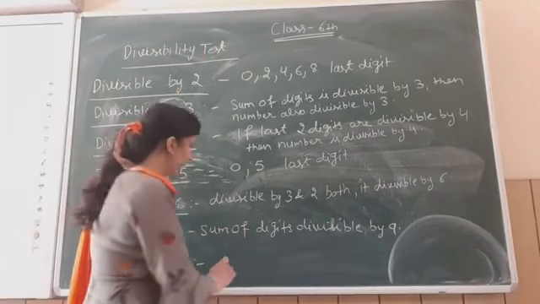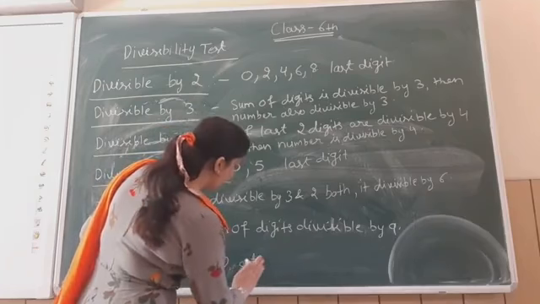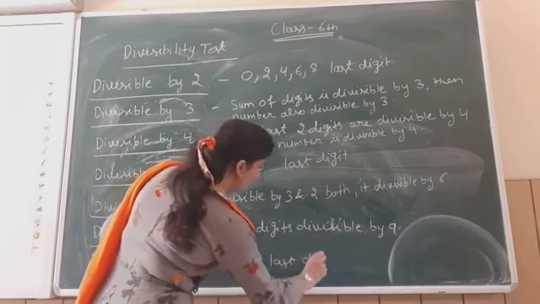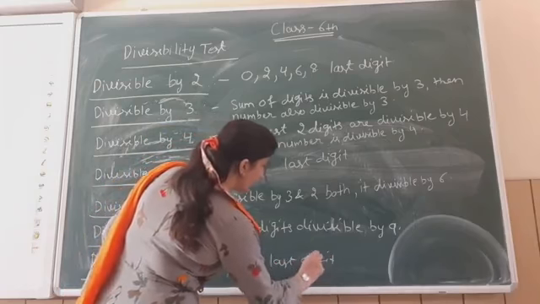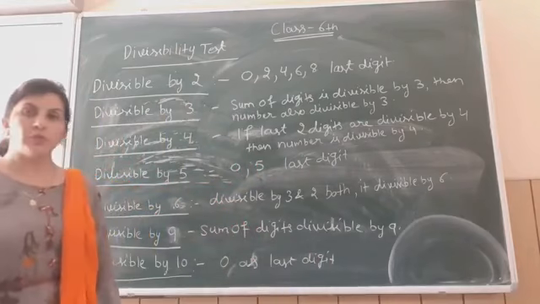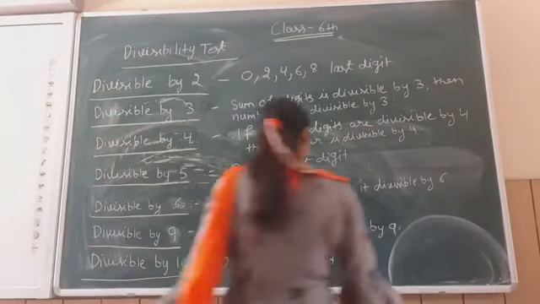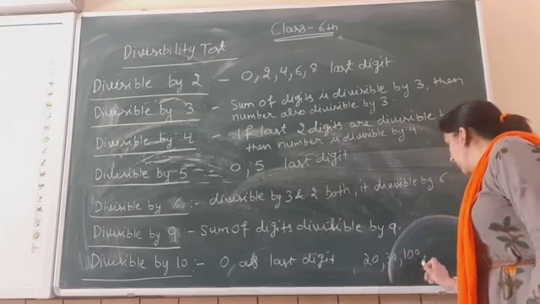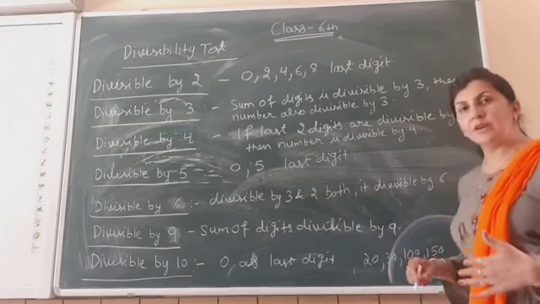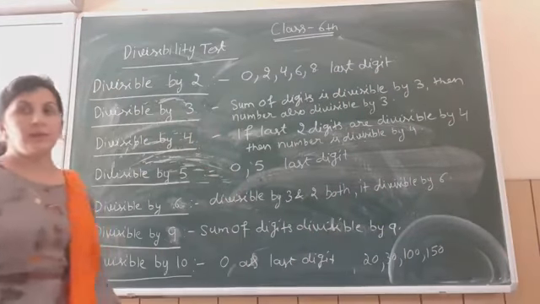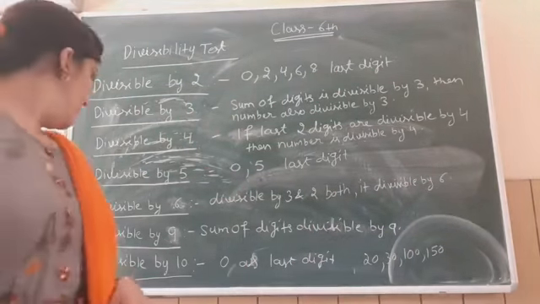If there is 0 as the last digit, then the number is divisible by 10. You can take examples like 20, 30, 100, 150. We can take any number. If its last digit is 0, then the number is divisible by 10.